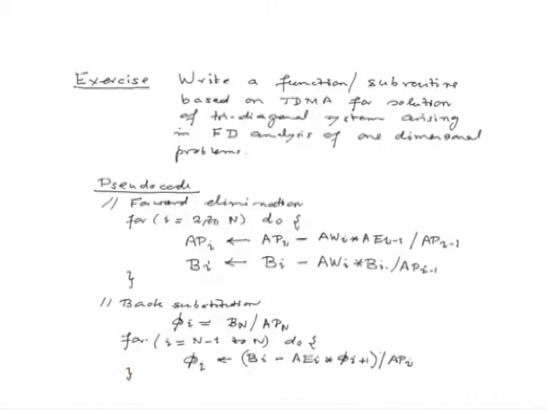In fact, the total number of code lines would be 4 plus 4, 8. So in a total of 8 code lines, you can write this algorithm in a Fortran or C language. And there are some things which are commonly being multiplied. You can take them out and maybe introduce 8 additional lines of code, but reduce the number of multiplications and divisions by doing that. For instance, this AWi divided by APi minus 1, which we had in forward elimination, for each i can be calculated only once.